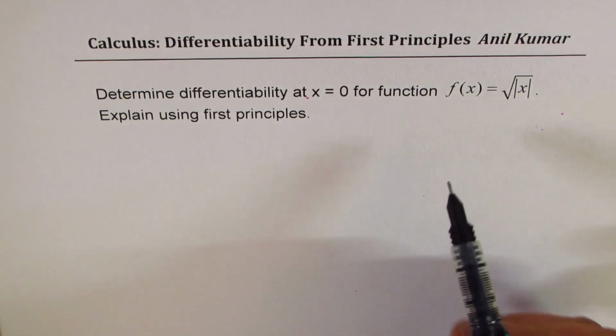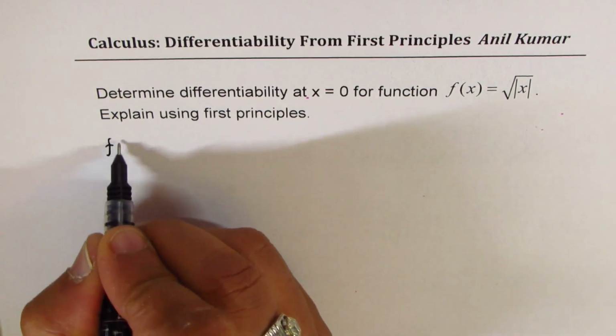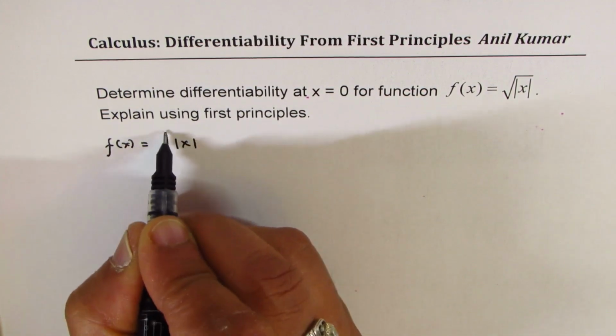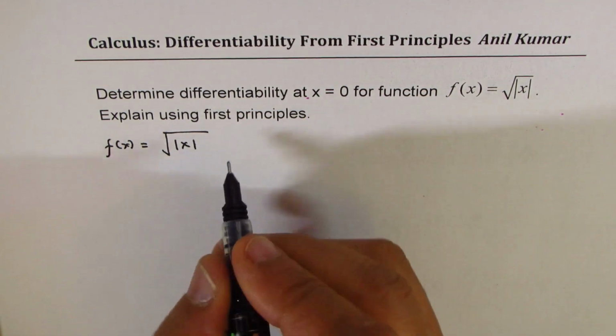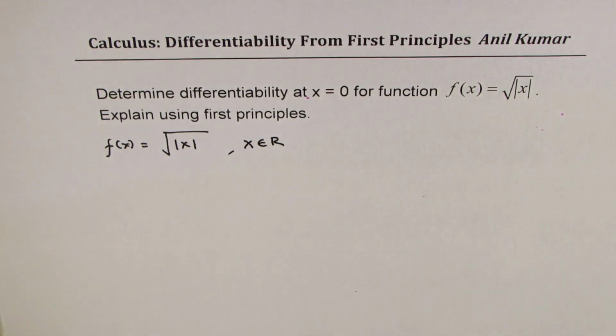Now the second question for us is f of x equals square root of absolute x. Now square root of absolute x is slightly different from square root of x. Here you see x belongs to all real numbers, is the domain.